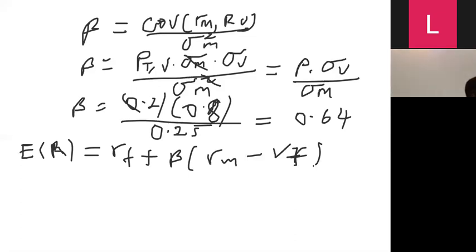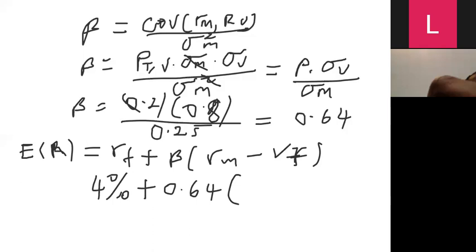We know that RF, the risk-free rate, is 4%, plus beta, which is 0.64, times (RM, which is the same as the return on Tanglewood, 12%, minus 4% again).